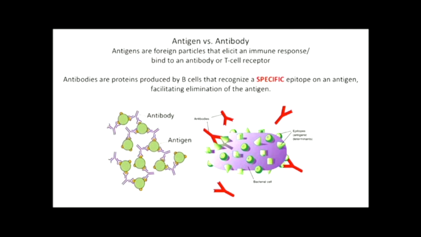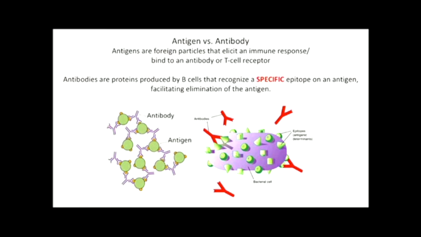And so we've been talking about antigens and antibodies, and are you guys clear on what an antigen is compared to an antibody? Okay, because those are a little tricky sometimes to keep straight. So the antigen is whatever foreign particle is eliciting the immune response. It can be a protein, sometimes it's a lipid, it can be a number of things, but whatever is eliciting the immune response is the antigen.